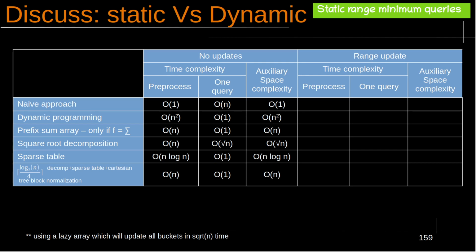Because if we have a dynamic range query, which means we have updates between the queries, we're going to update the original array while we query for a range. For the naive approach, it will remain the same. There's no change here.